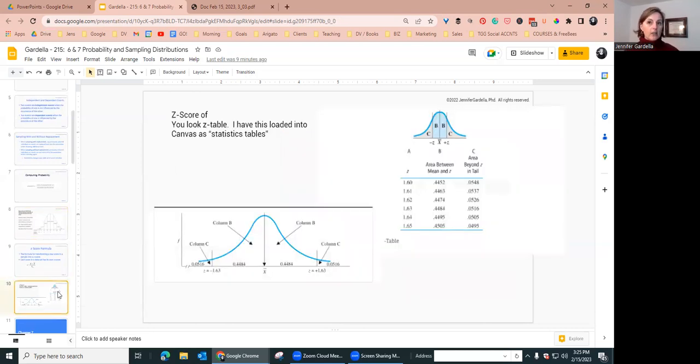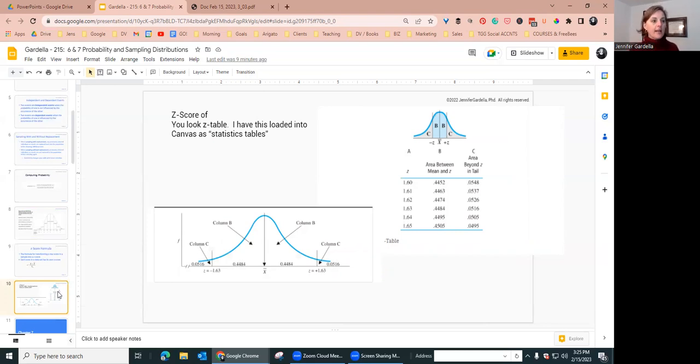We are going to be looking at our first set of tables. It's the z-score table. Now, point of note, I do not use the z-score table that's in your book. Why? Because I found an easier one. So you will see I have left you a copy of those tables.